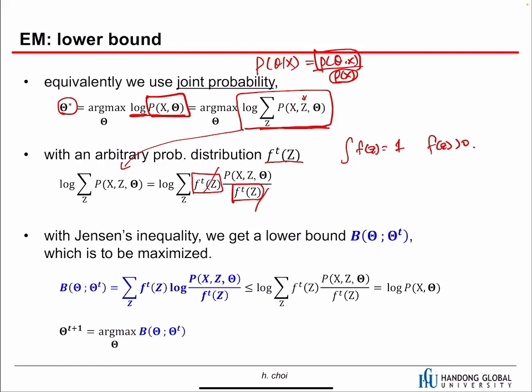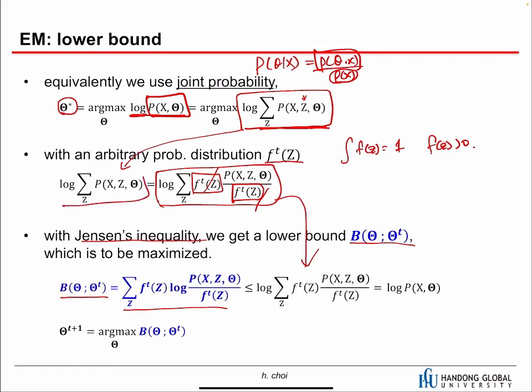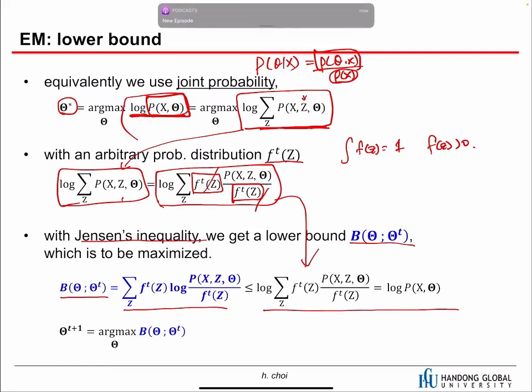Then with Jensen's inequality, we can get a lower bound B. So B is this one. As you can see, this part is the same as this one, and this is the same as this one. So this one is the log probability of x and theta.